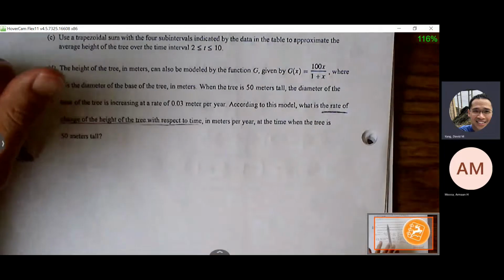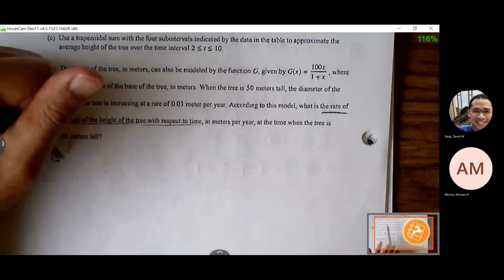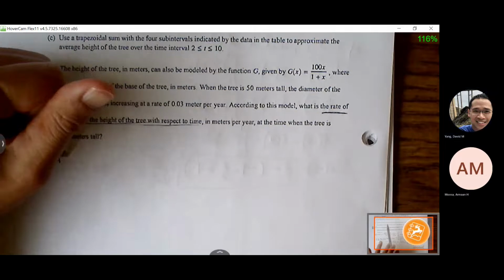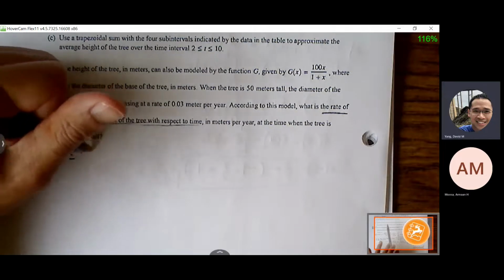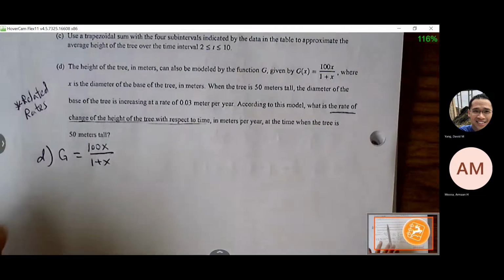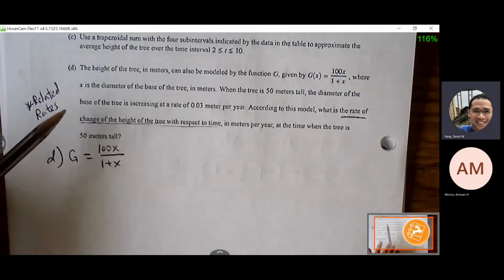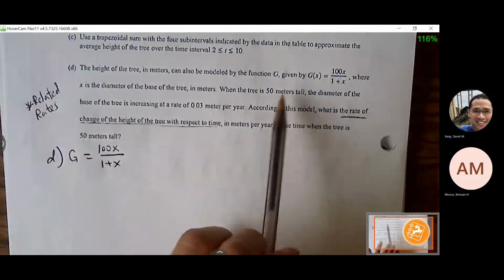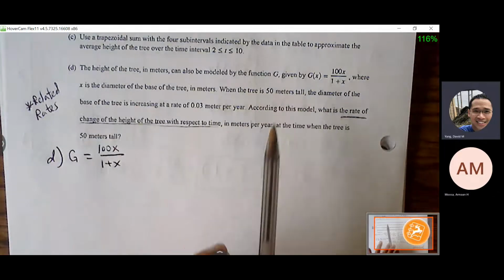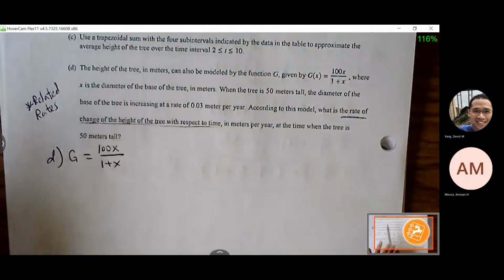So we know for part D, we have the height function g equals 100x over 1 plus x. Okay, let's gather all the information that we can. It says when the tree is 50 meters tall, so that's the height.